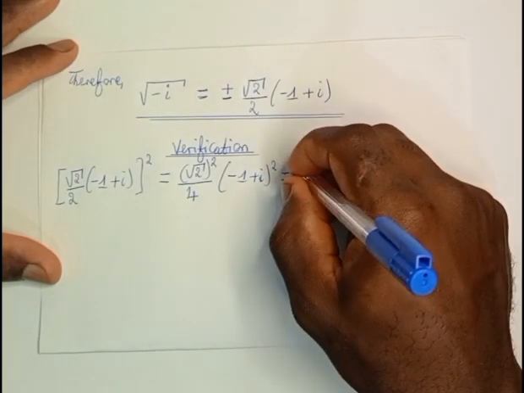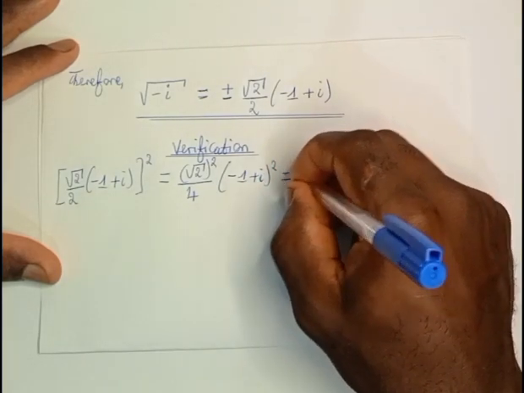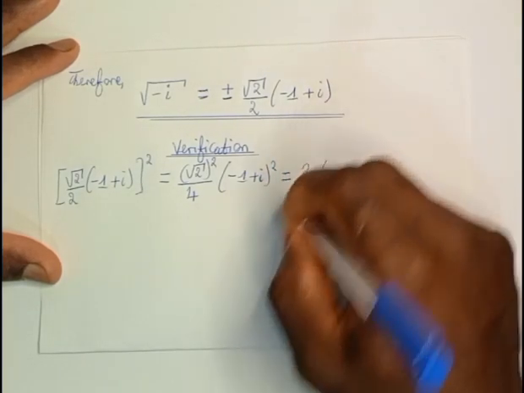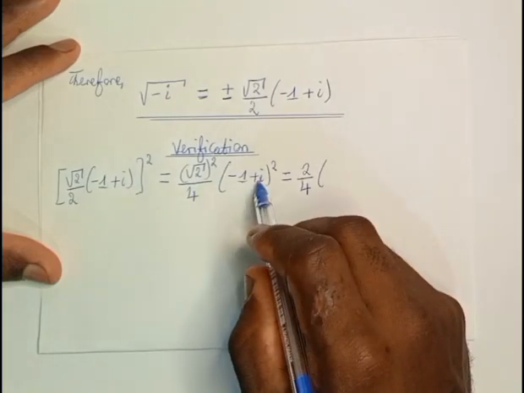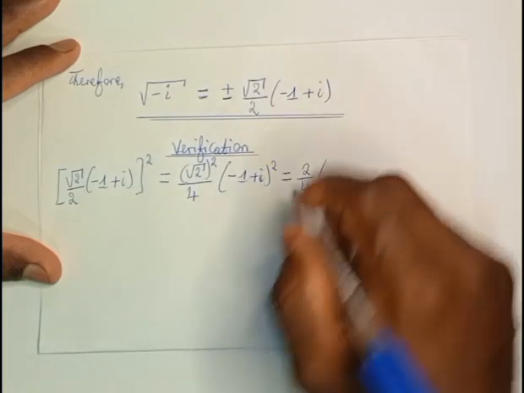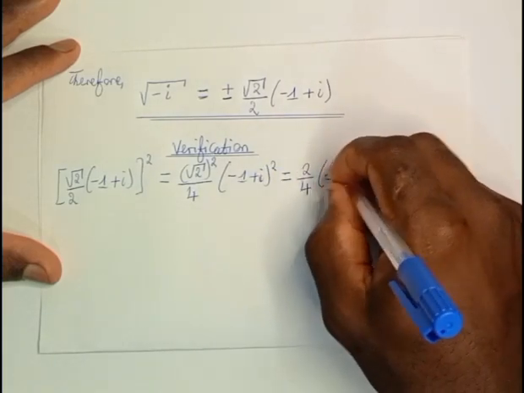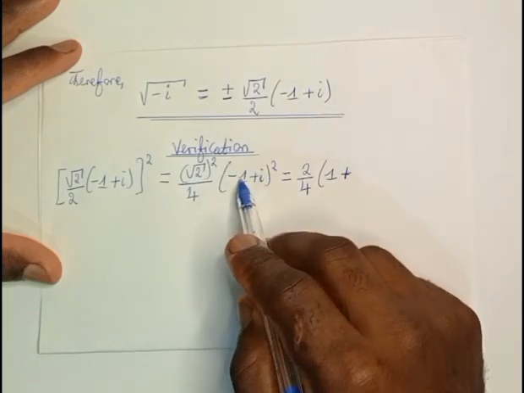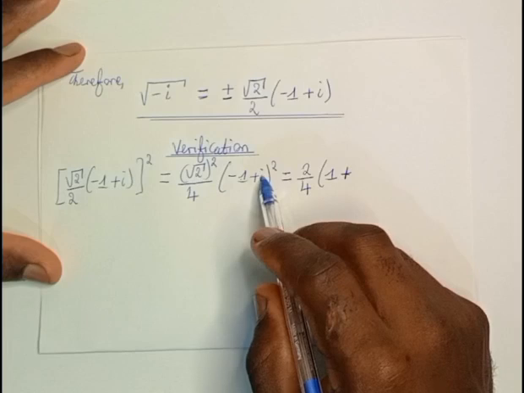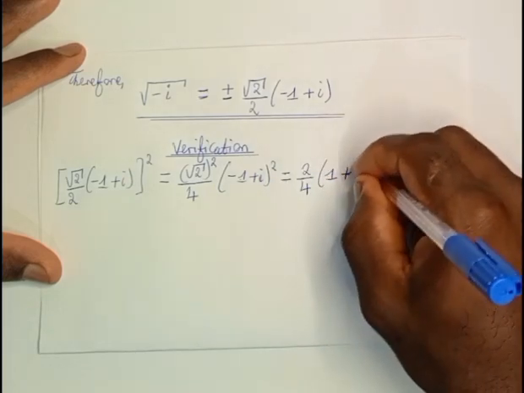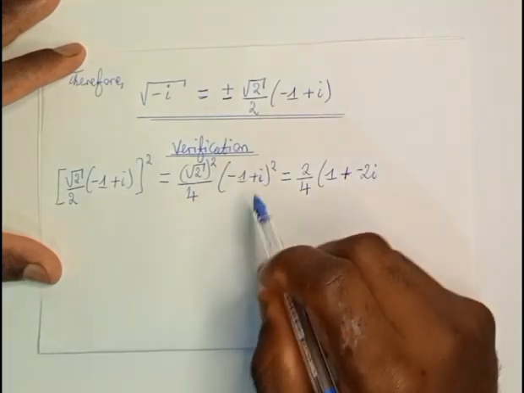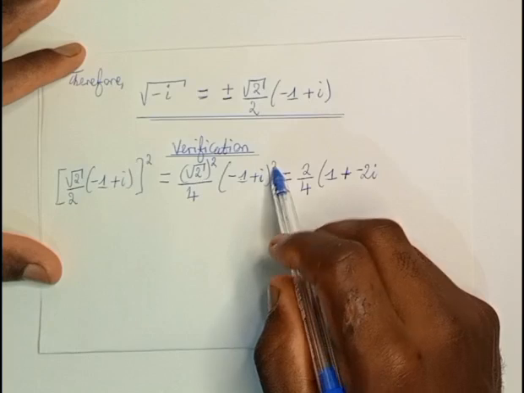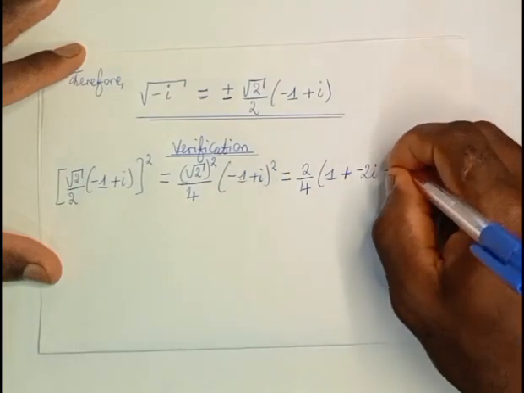This will simply be equal to root 2 squared gives us 2 over 4 times negative 1 plus i squared. Negative 1 squared gives us 1, plus 2 times negative 1 is negative 2 times i, negative 2i, plus i squared. i squared gives us negative 1.